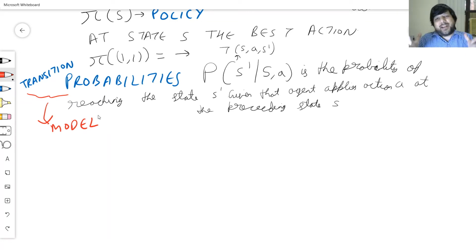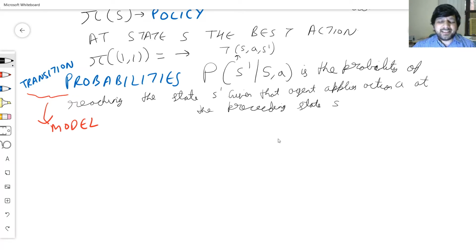What's the physics by which the agent is moving? What is the environment and all its assumptions? They're all called model, and we shouldn't be using very generic names in our specific definitions. But the moment I get a term which can have two meanings, then I'll say that okay, we use specific meanings. As of now, it will be called the model because we don't have any other meaning right now. So transition probability is the same as probabilities of motion. It is the same as the model. And as I said, I'll simplify it.